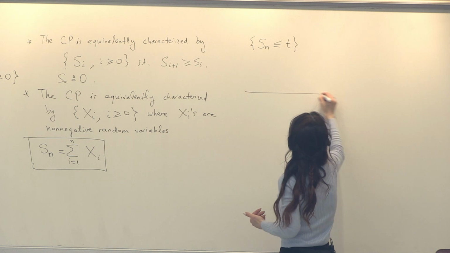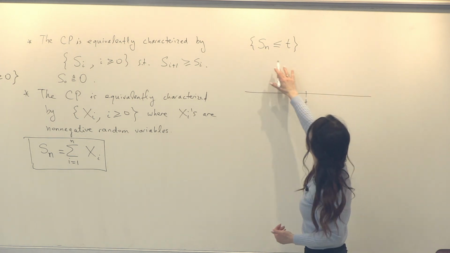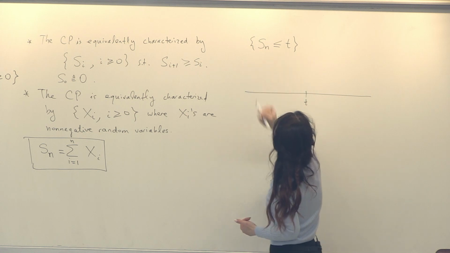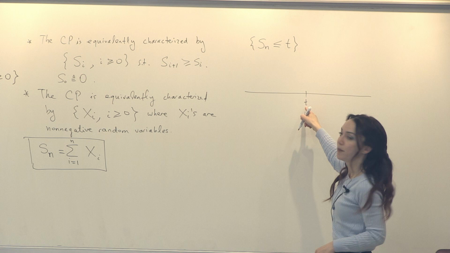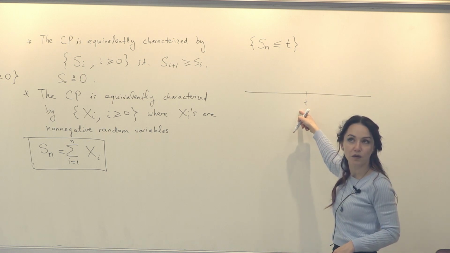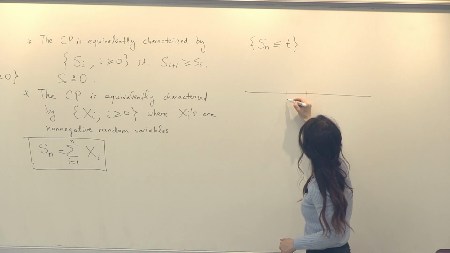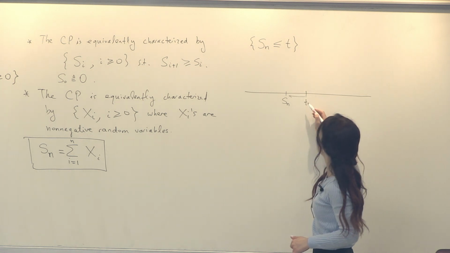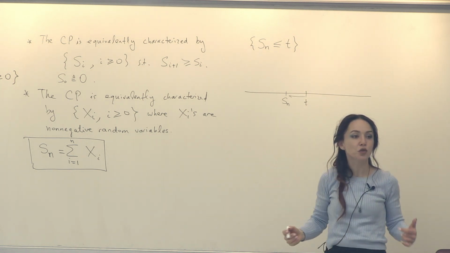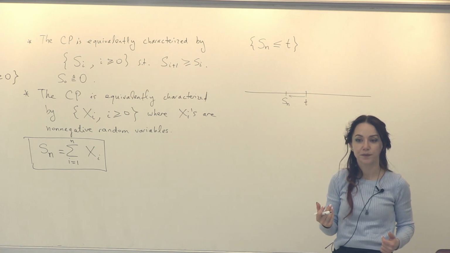So take some time t. This event tells us that Sn is at or before time t. So what can you say about the number of arrivals by time t?